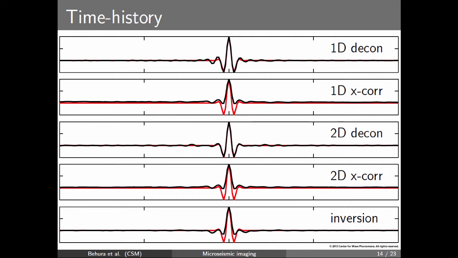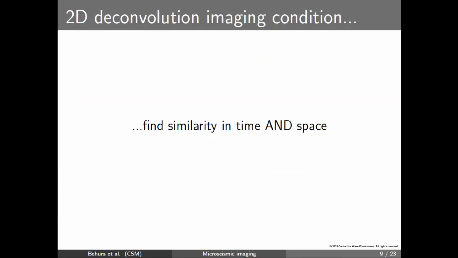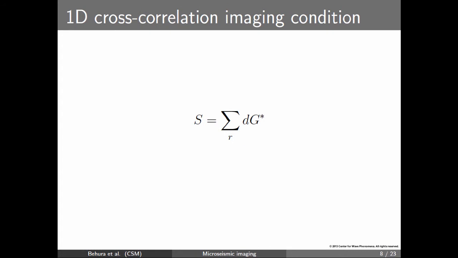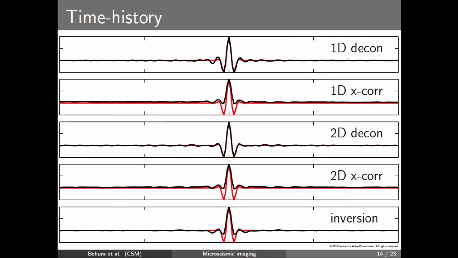Note that the two deconvolution imaging conditions, as expected, have performed quite well in recovering the image, whereas the cross-correlation imaging conditions have not been able to, because we are getting rid of the denominator here. So the amplitude is going to be incorrect for the cross-correlation imaging conditions.